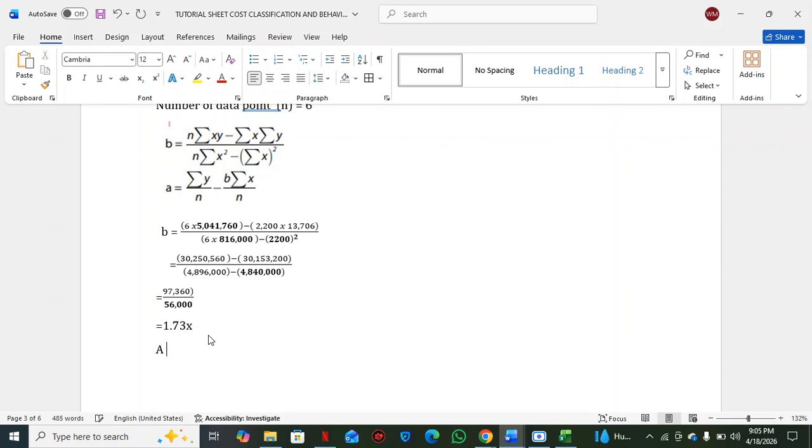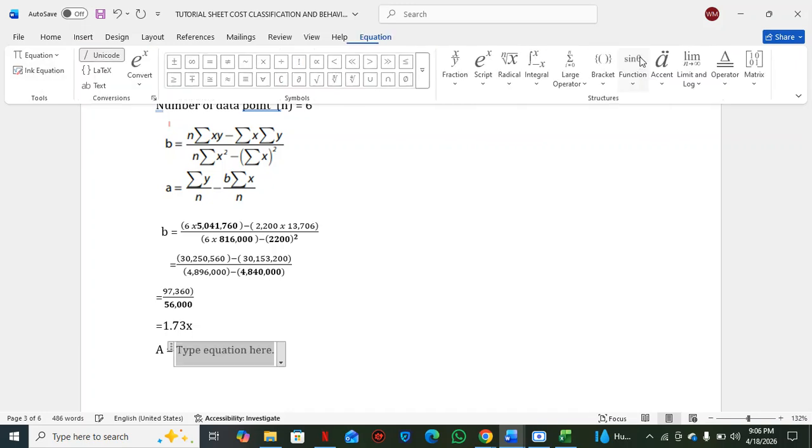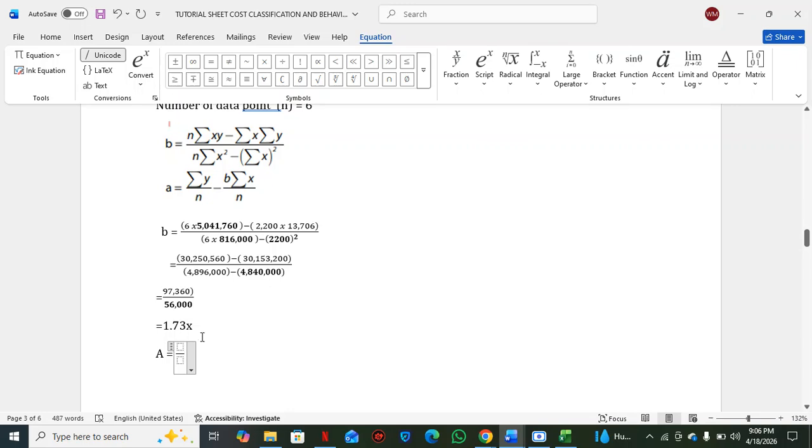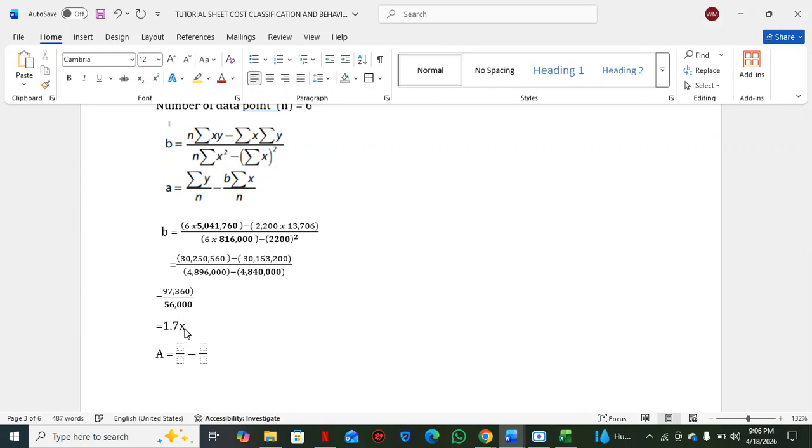No need to have a lot of decimal places. Since there was an 8 after that, put 1.74.